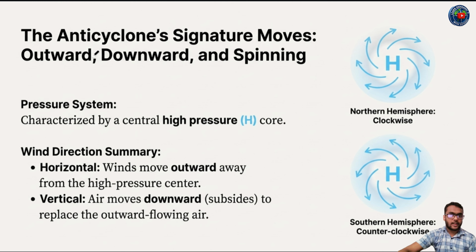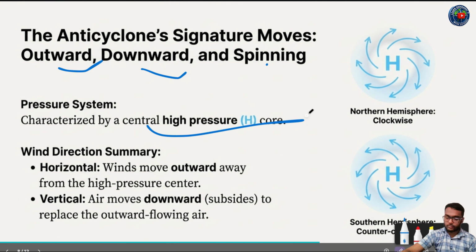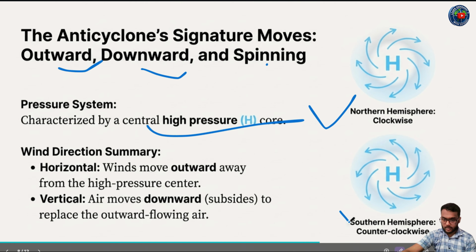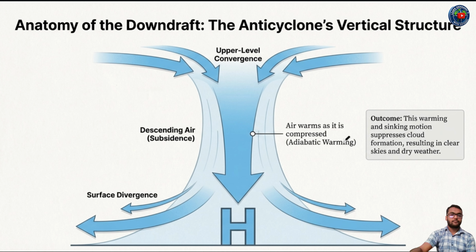The anticyclone's signature moves are outward, downward, and spinning. It is characterized by a central high pressure core. Horizontally, winds move away from the high pressure center, and vertically, air moves downward to replace the outward flowing air. In the northern hemisphere it moves clockwise, opposite to the cyclone, and in the southern hemisphere it moves counterclockwise, that is anti-clockwise.